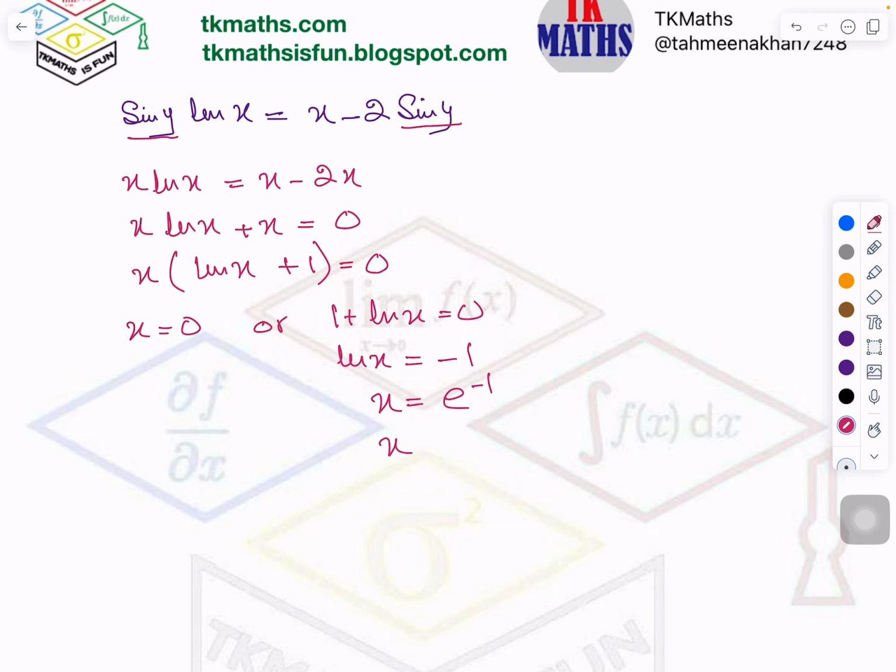You see, sin y is common in two terms, so you could bring it together and factorize it. This will make your question very simple and fast, and that's why I want you to watch this also. So next time if you need to apply it, you can apply it comfortably.